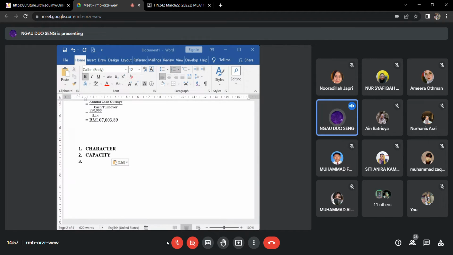So I will just explain here. Collateral, and lastly, condition. So okay, this is the 5C for your individual assignment. Sin Rama asked me, so I will just explain here.